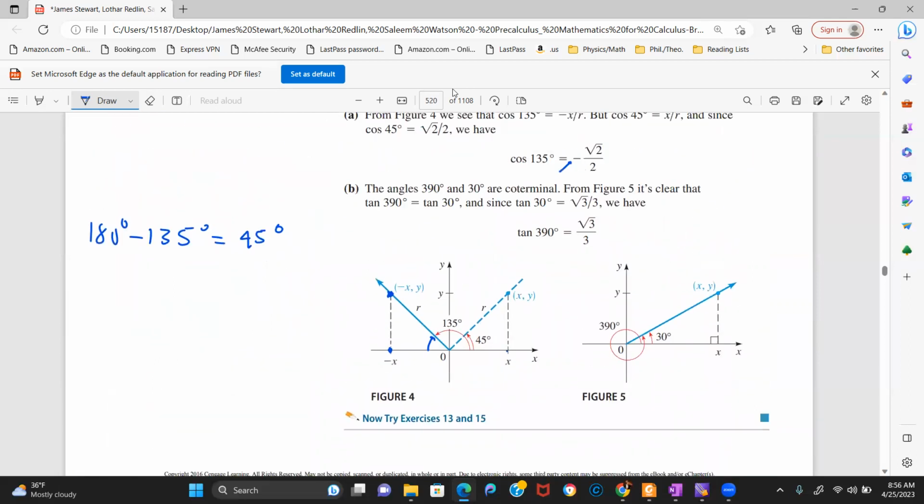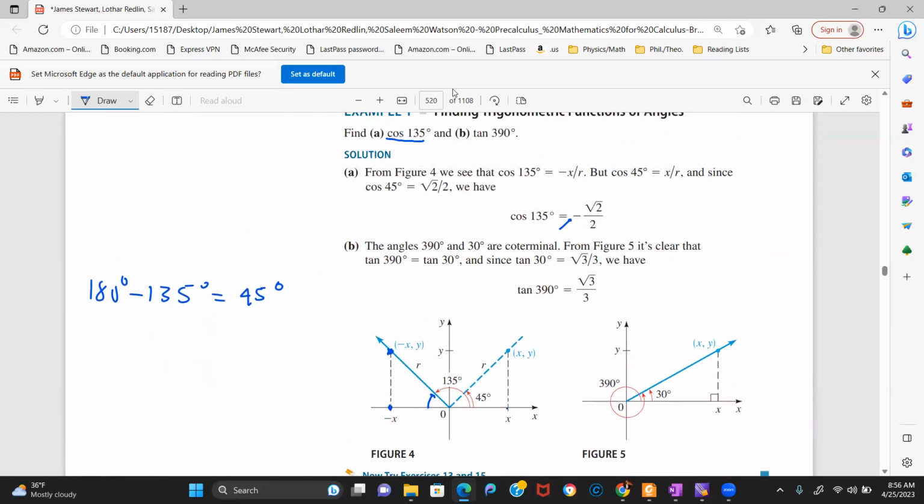Because the 45 degrees is like the supplementary angle or whatever. Really what we did was rotate 135 degrees, and it determines the smaller angle of a 45-degree angle. And so to get the sine or the cosine of this angle, we need to look at the coordinates of the point determined by a 45-degree angle.